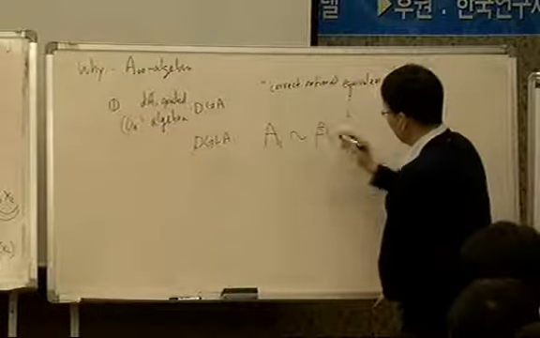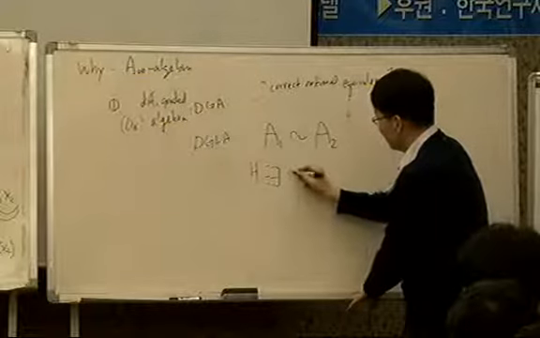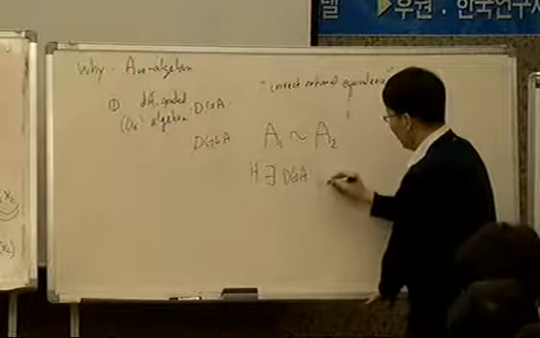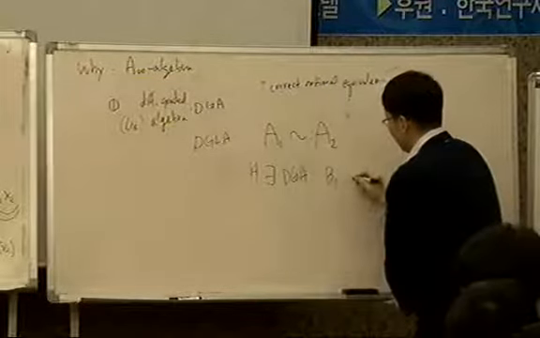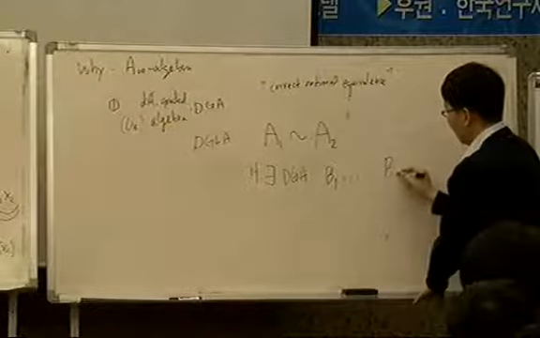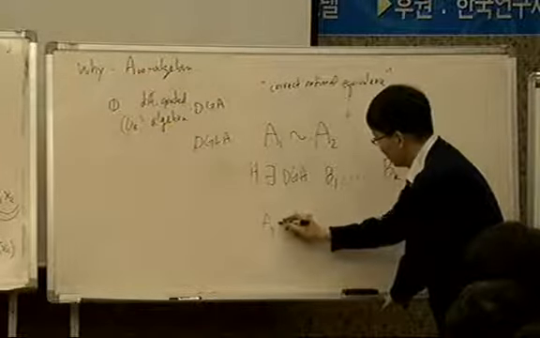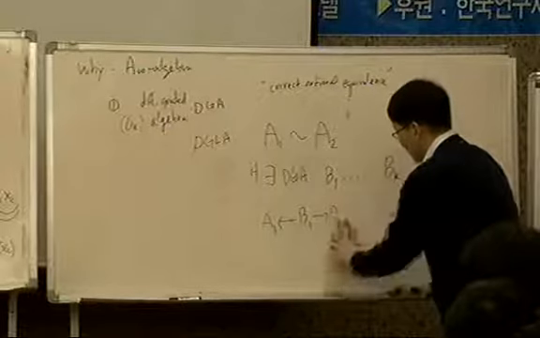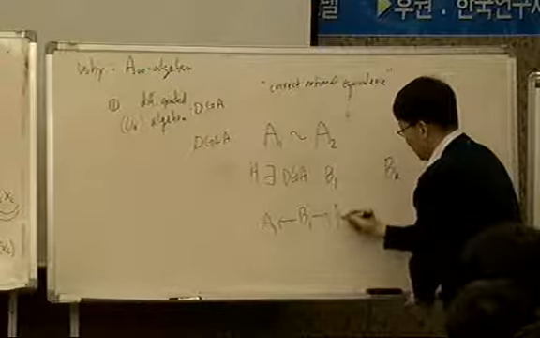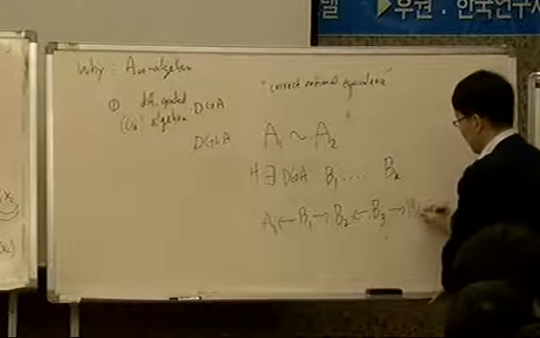For example, you have DGA1 and DGA2, which are equivalent if there exist DGAs B1, ..., Bk such that you have this kind of zigzag B1, B2, B3, B4.